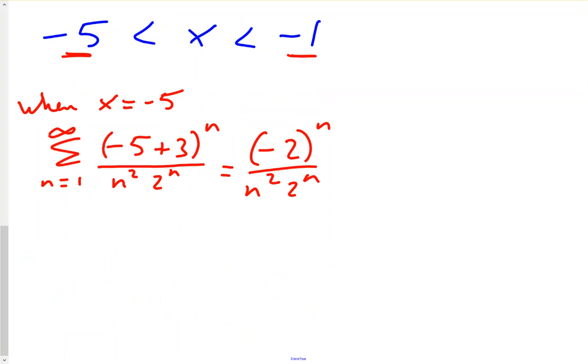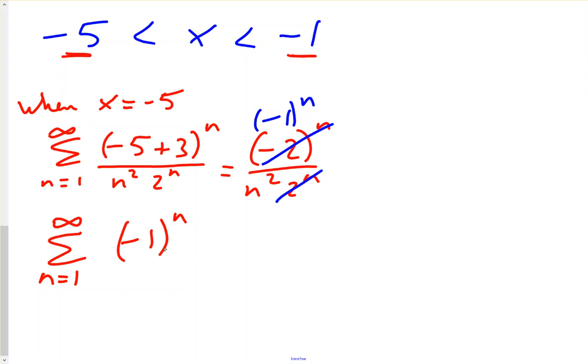So here the negative 2 to the n and the 2 to the n, we can cancel there. We'll be left with a negative 1 to the n. So we have the absolute value of the summation n equals 1 to infinity of negative 1 to the n over n squared.